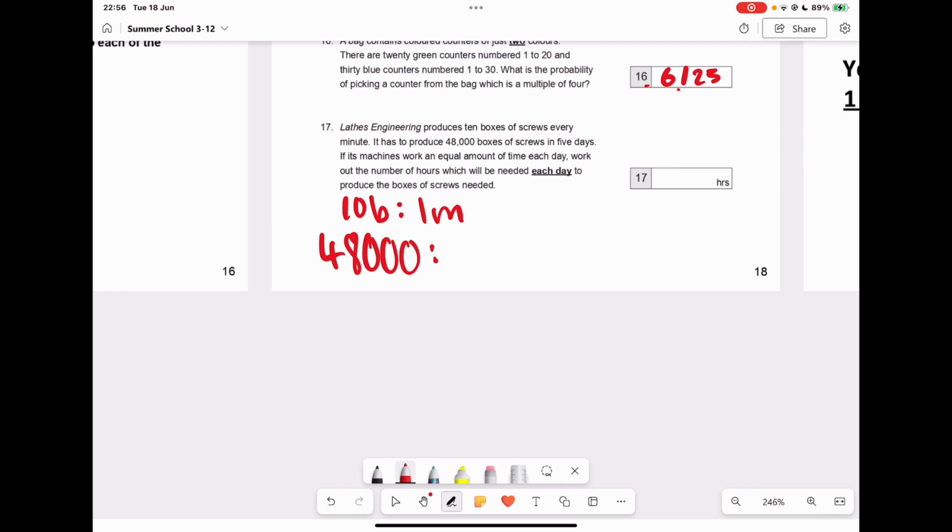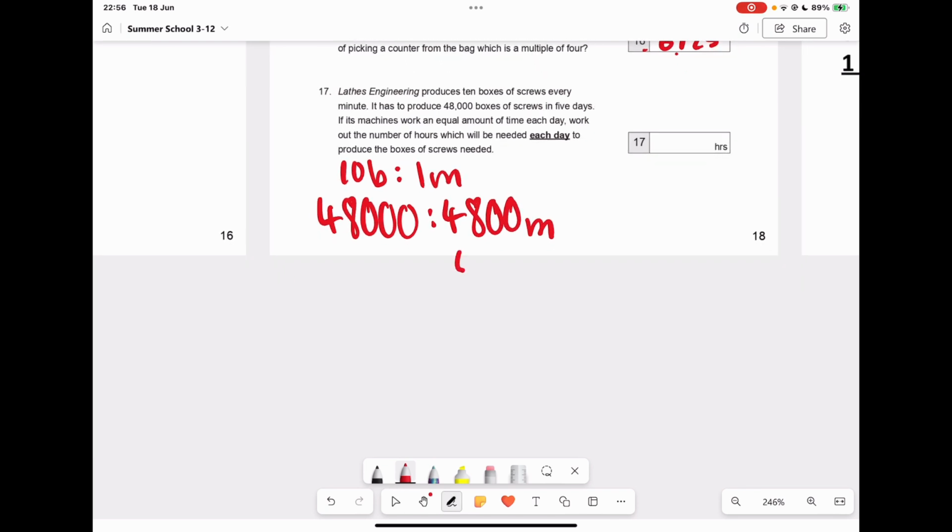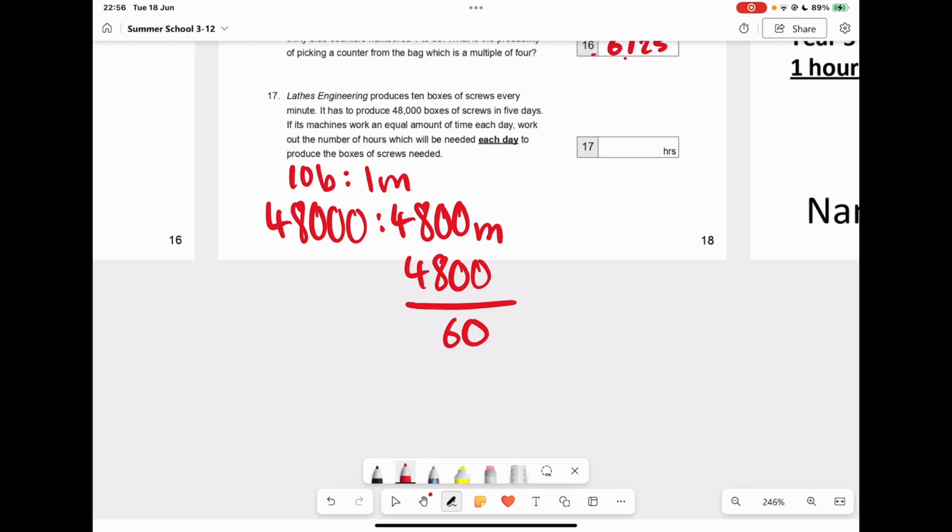Okay, so first we can find the scale. It's like doing 10 multiplied by 4,800. So it will take 4,800 minutes. Then we need to divide by 60 because it's looking at how many hours will need to be worked each day within the 5 days.